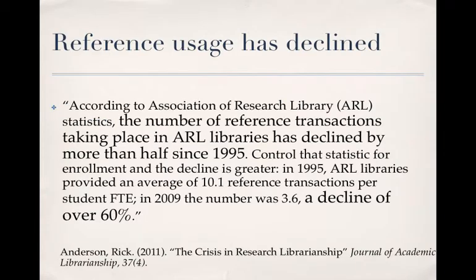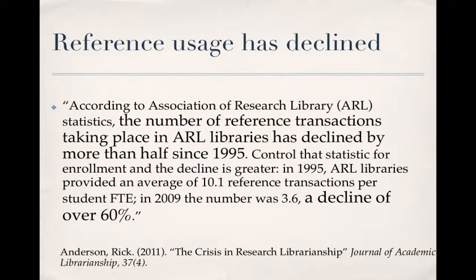In a lot of libraries, reference usage has declined significantly, especially at research libraries, which is especially troubling because you would think that at research libraries there are a lot of people doing very serious research and that they would still need a librarian's help. But we're seeing a decline of over 60% between 1995 and 2009. That is amazingly troubling.